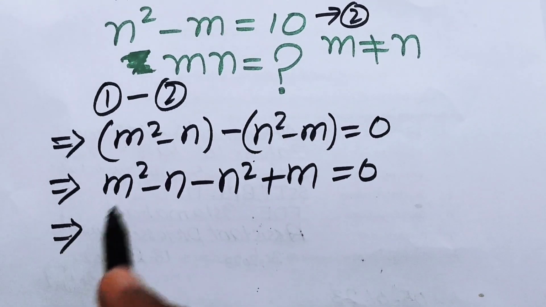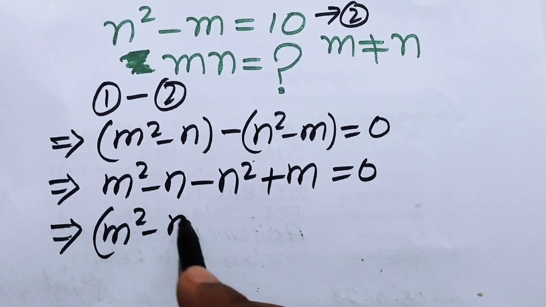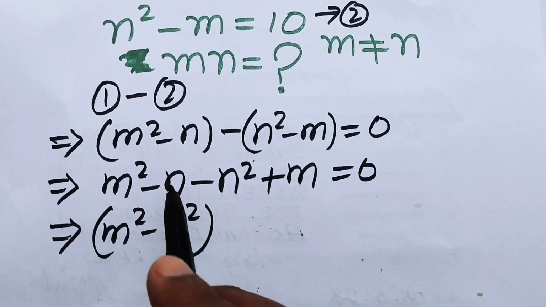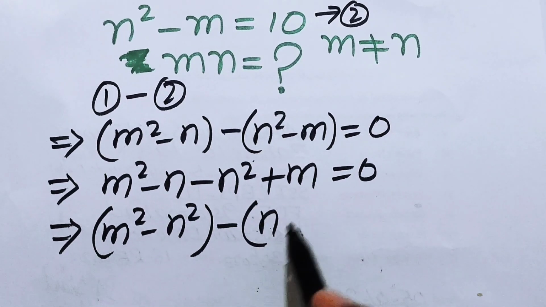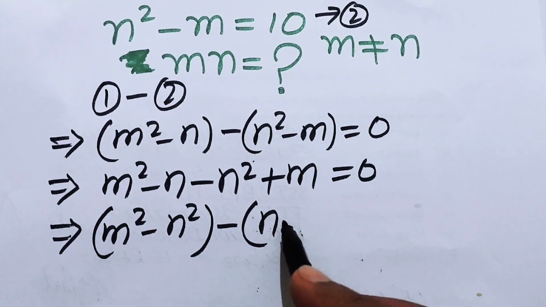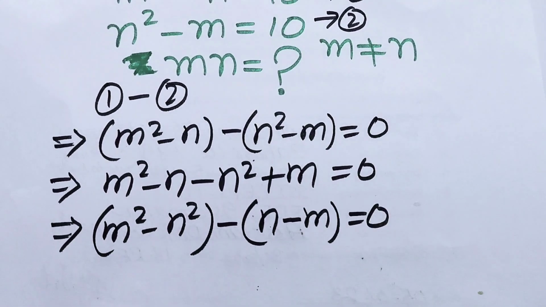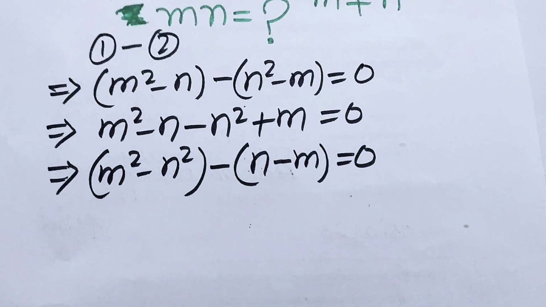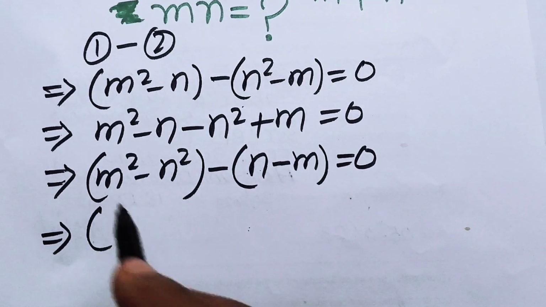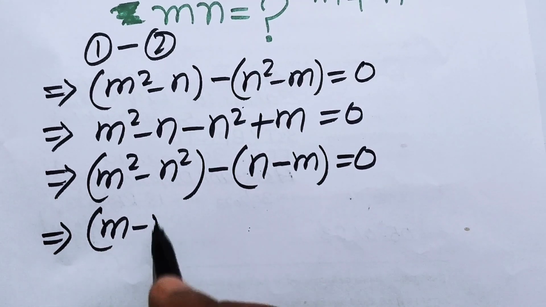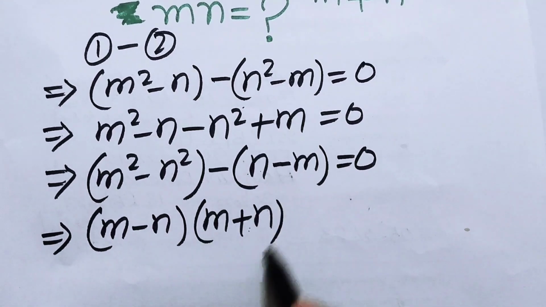Now we make a pair of the square terms, and we have m square minus n square, and we take common minus from the other two terms, and you get minus times of n minus m, and this whole equals to 0. Now in the first term we use the square identity, and you know about this identity: we have m minus n times of m plus n.